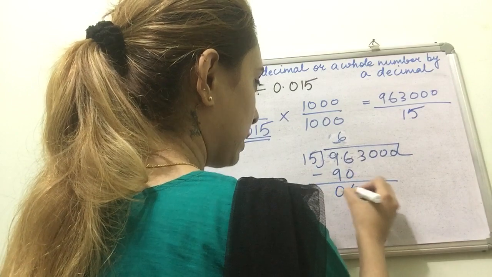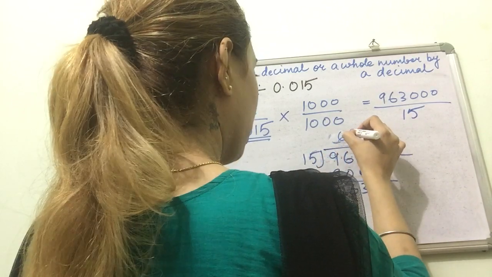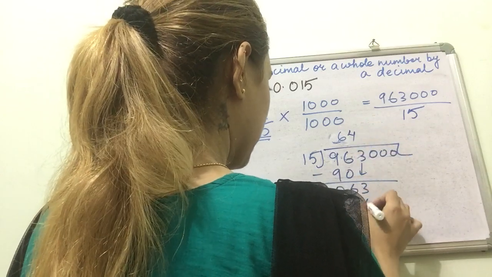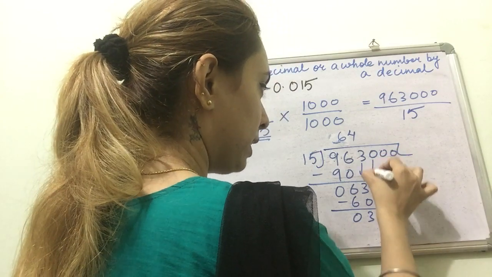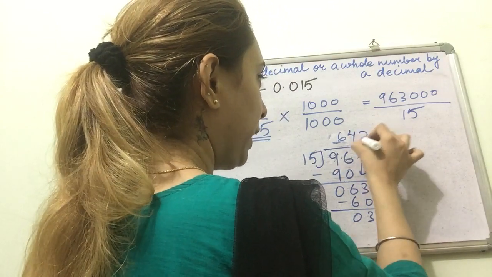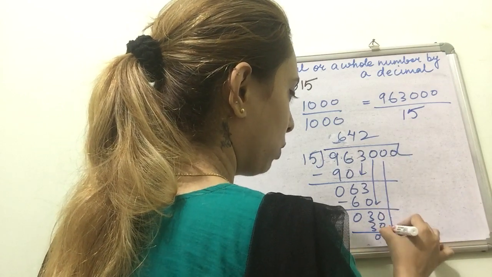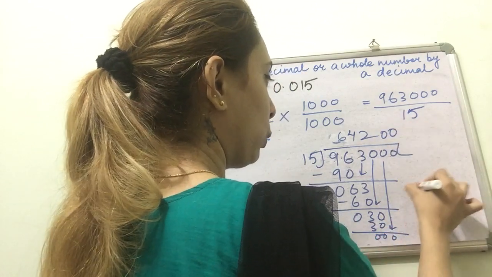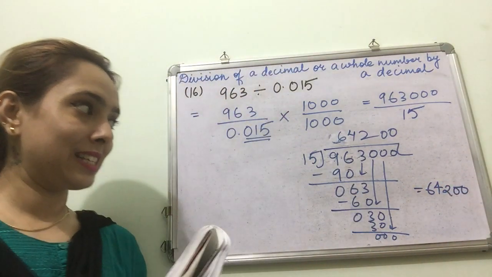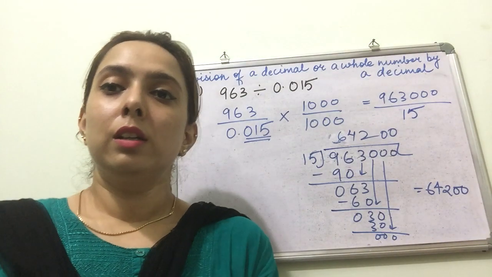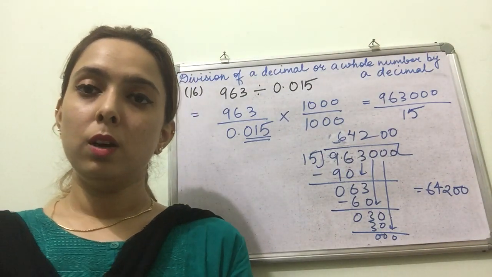So 6, 3, get this 3 down. 15 4s are 60. 3, get this 0 down. 15 2s are 30. 0, 0, get this 0 down. Here you will get two zeros. So your answer is 64,200. So this was exercise 5.16.